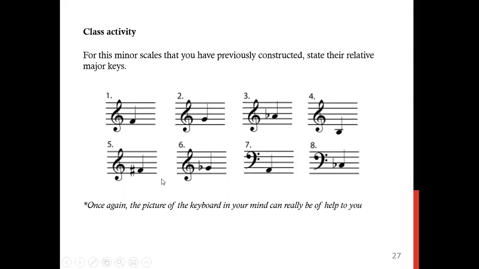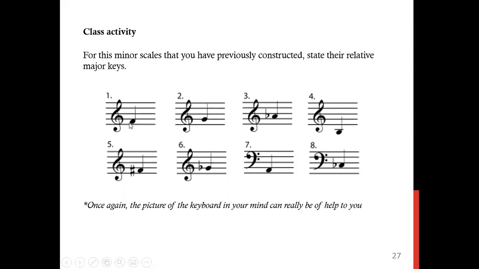Maybe you have to write it down because I'm trying to adjust this right now. So for this same number 1 to 8 where you have previously constructed major scales, construct minor scales of this number 1 to 8.